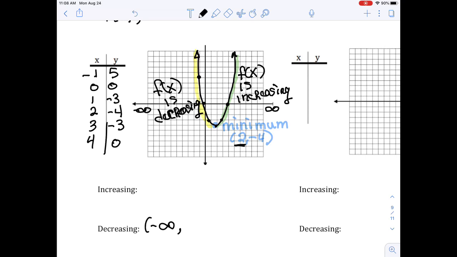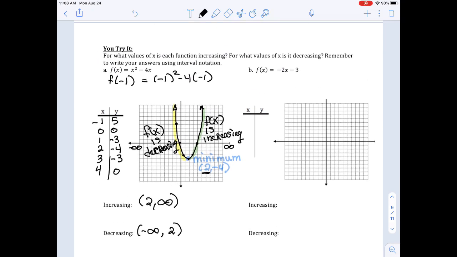Remember, we describe the intervals and we are describing the x values. Think about the fact that your eyes are tracking along the x-axis. So we're reading from left to right. Your eyes are tracking left to right. We are describing x values. So from negative infinity to 2, the function is decreasing, and then it turns, and from 2 to infinity, the function is increasing.